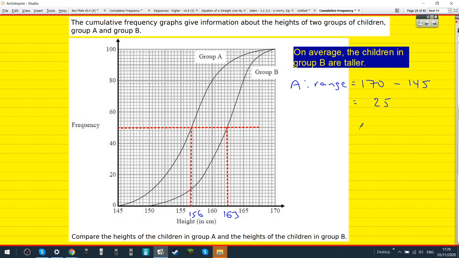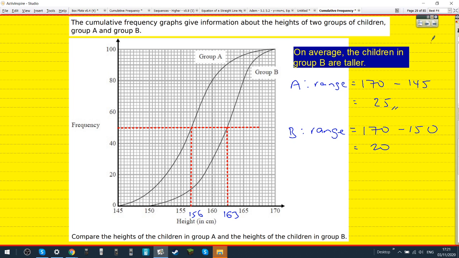Yep. How about the range for group B? Group B, so the smallest is 50. Shortest is 50 and tallest is 170. Mm-hmm. So the range is 20.